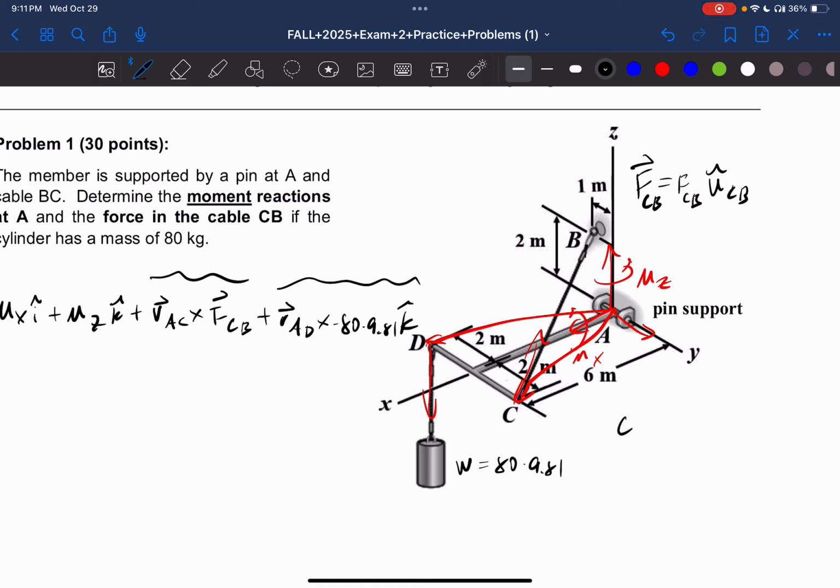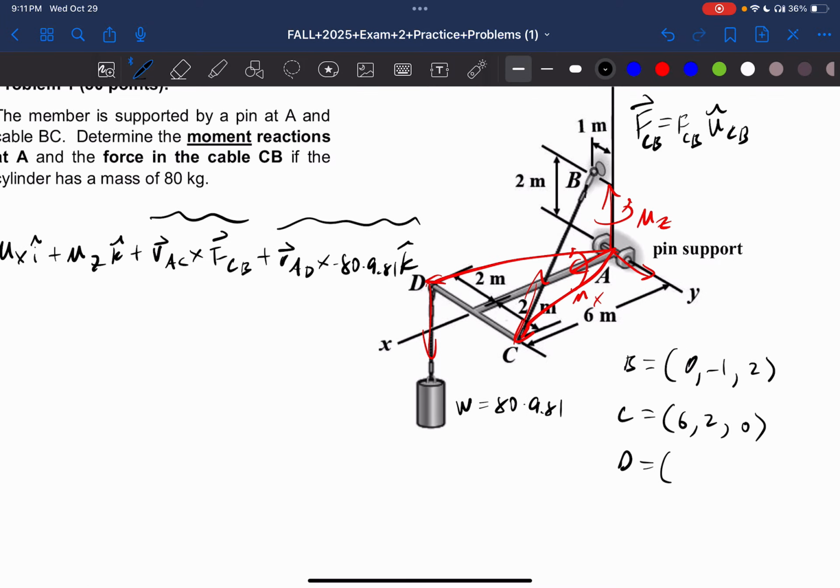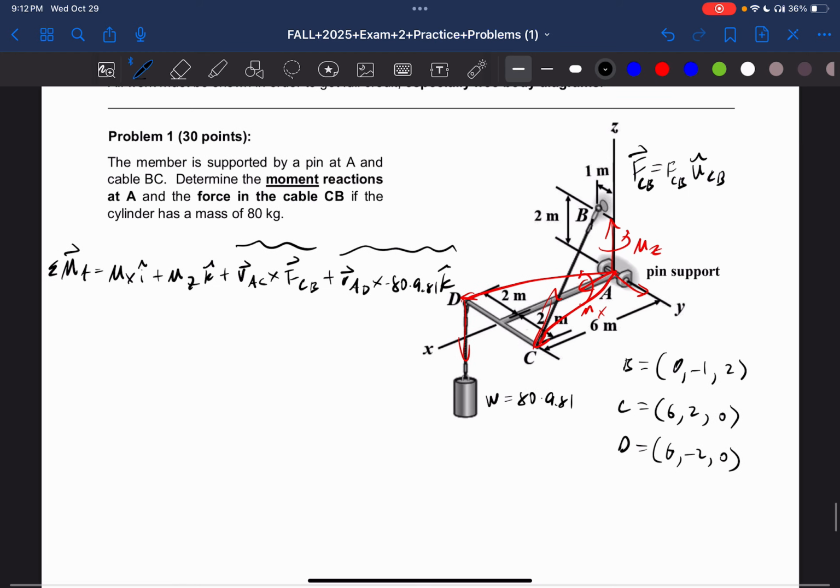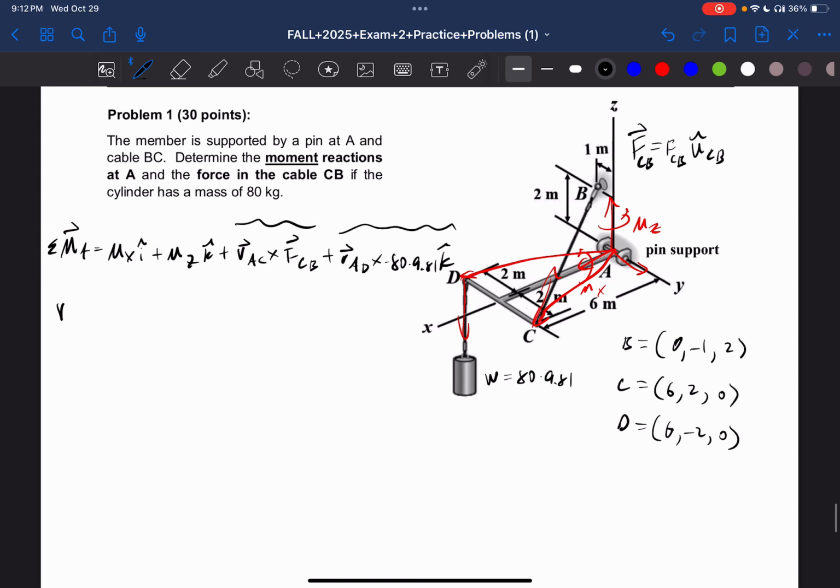Let's find, okay, so B is going to be equal to, in the x direction 0, in the y direction -1, in the z direction 2. C is equal to, in the x direction 6, in the y direction 2, in the z direction 0. D is equal to x direction 6, -2, 0. Okay. So we need to find AC and AD.